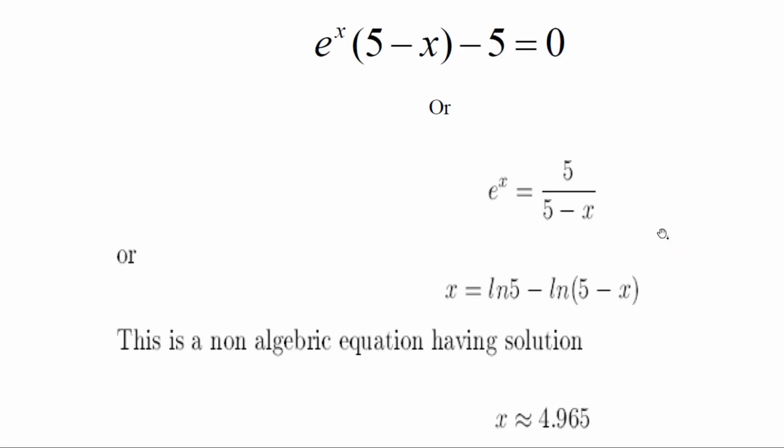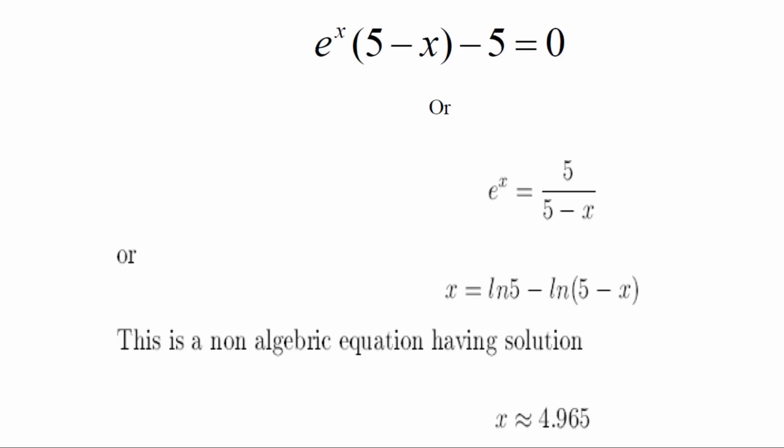Now applying the logarithm, we get x equal to log 5 minus log (5 minus x). I have used the logarithmic identity log m by n equals log m minus log n. This is a non-algebraic equation and it has a solution x equal to 4.965. We are not going to calculate it here.